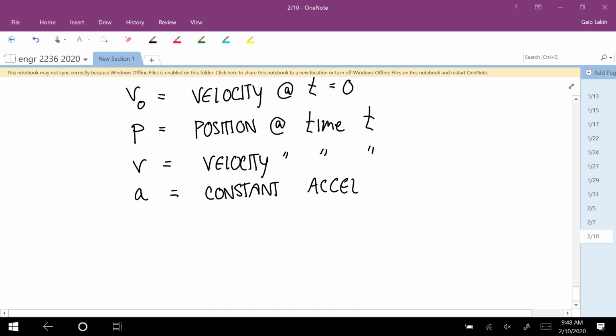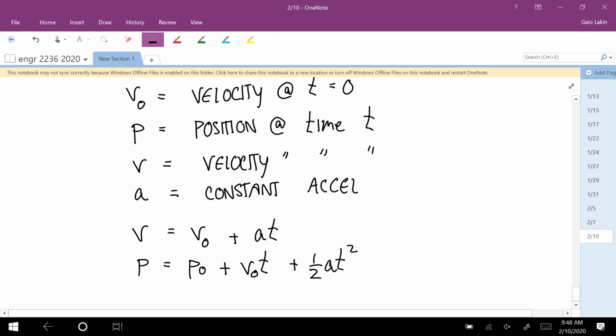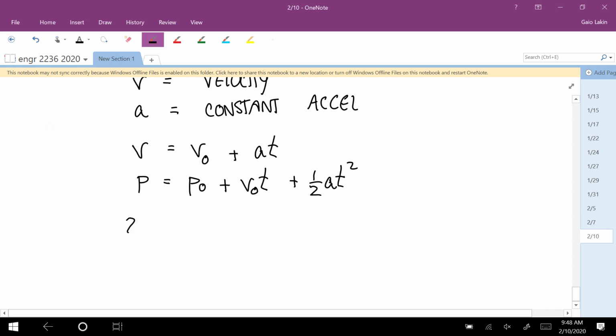And the three of these that I use are v equals v0 plus at, p equals p0 plus v0t plus 1/2 at squared, and 2 times a times the quantity p minus p0 is equal to v squared minus v0 squared.